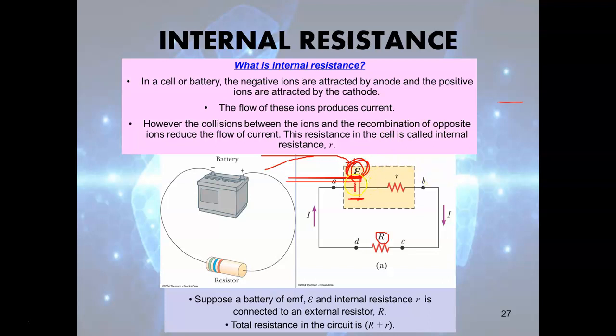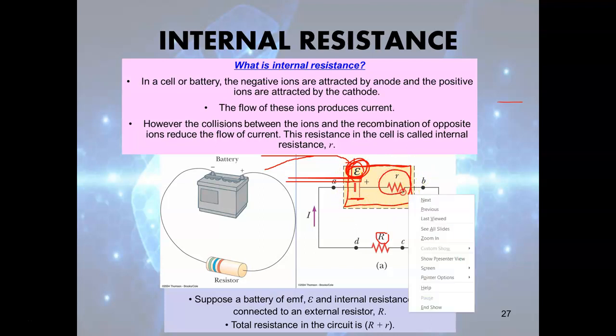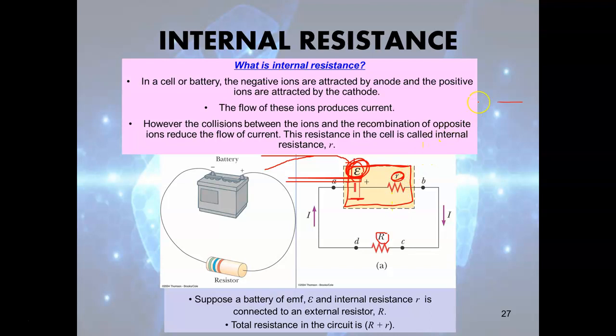Now this rectangle of the battery also contains what we call internal resistance. So we will have our small r over here, which stands for our internal resistance. So in this full circuit of ours right now, we have two types of resistance.